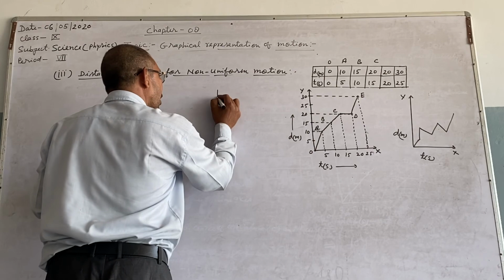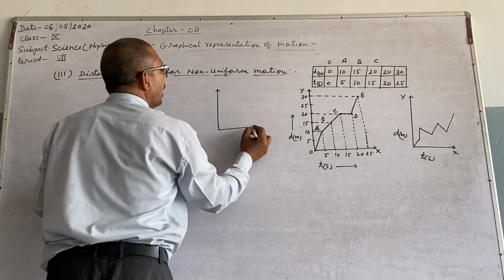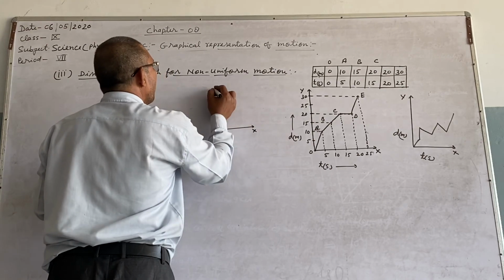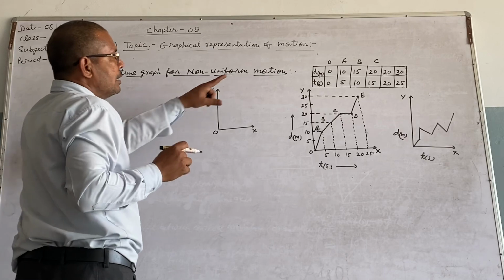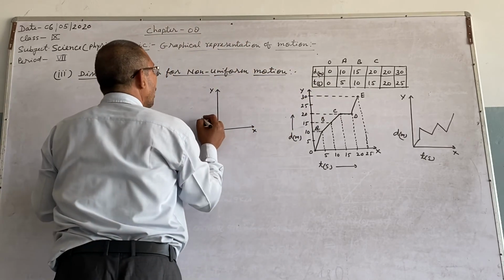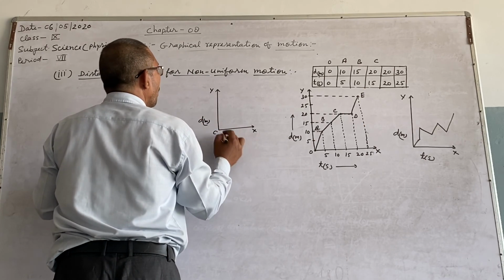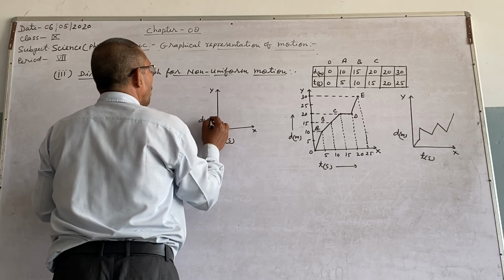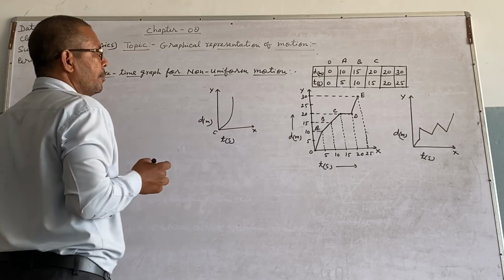Another way of expressing it, it may be like this. Actually, these are different ways. I am taking only one example, which will provide you this graph. It may be a curved line.